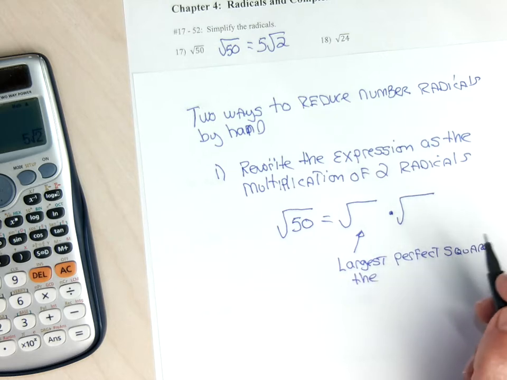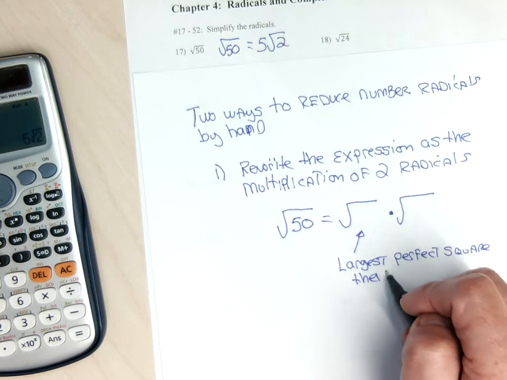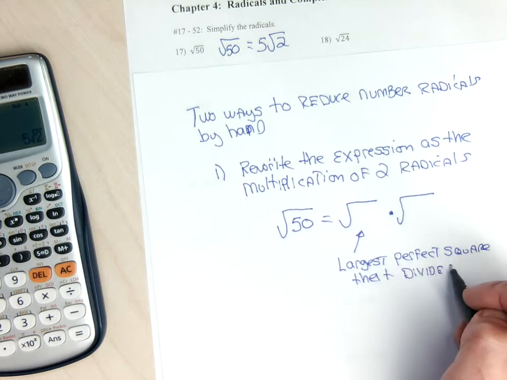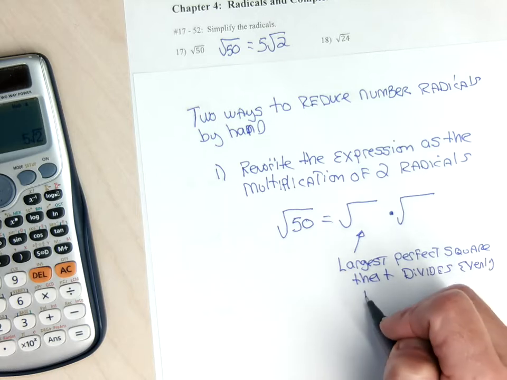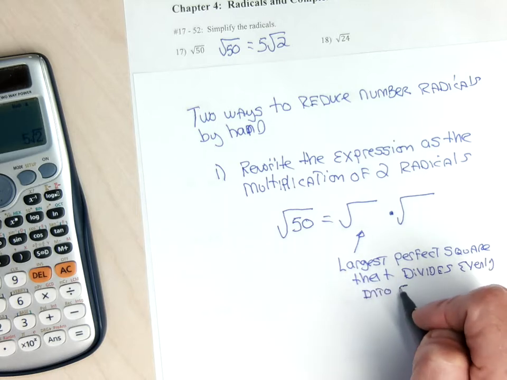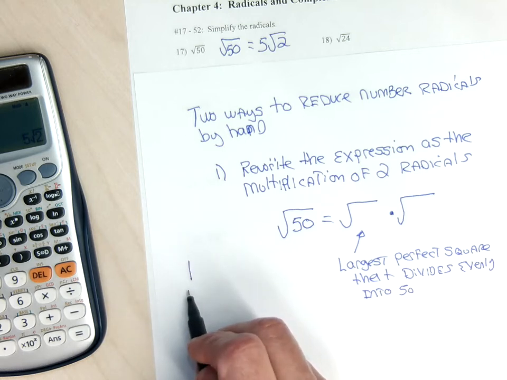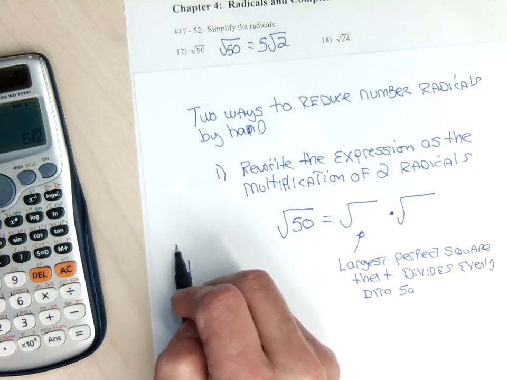In this case, the largest perfect square that divides evenly into 50. If I look at my perfect squares, 1 squared is 1, 2 squared is 4. These are my perfect squares.